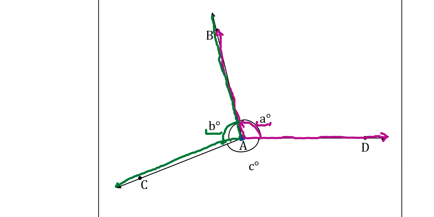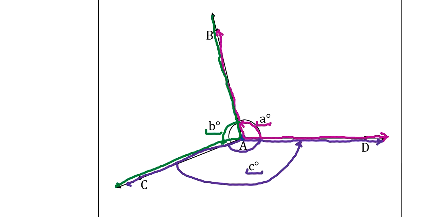And then we have angle CAD, which goes from here to here. Oh, I forgot to draw our lines. There we go. We see how that measures C degrees.